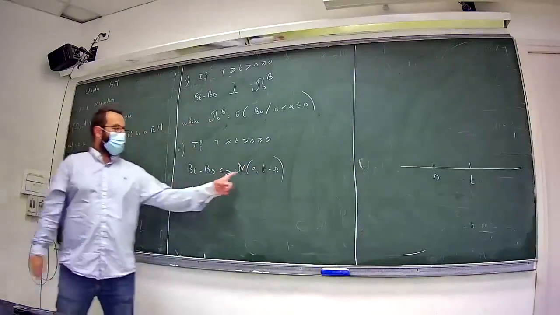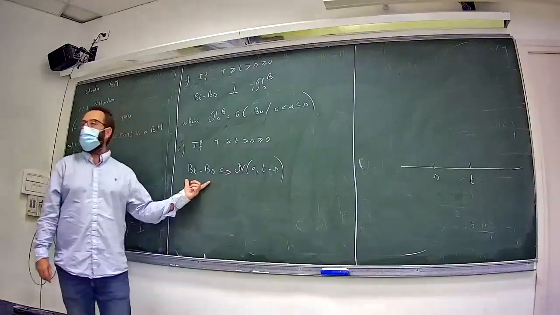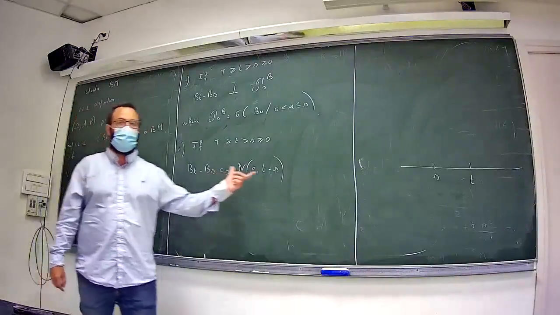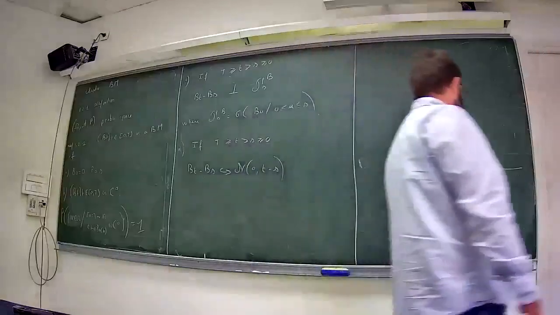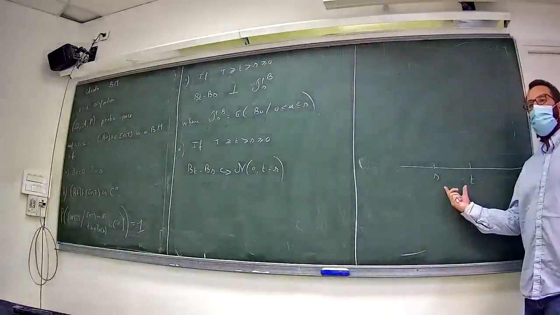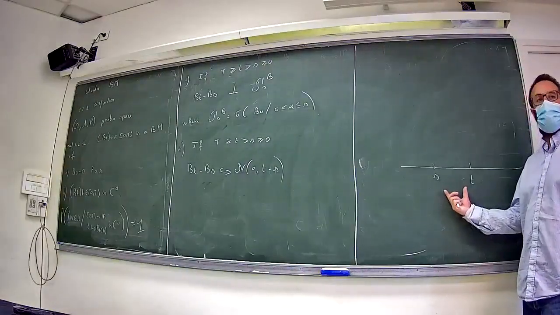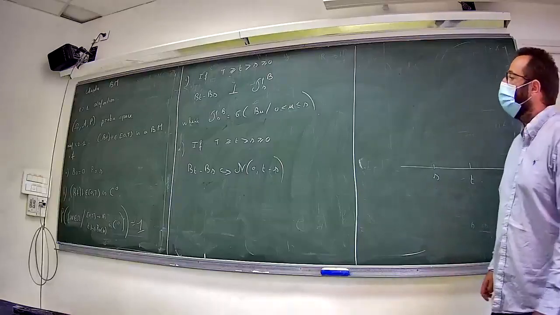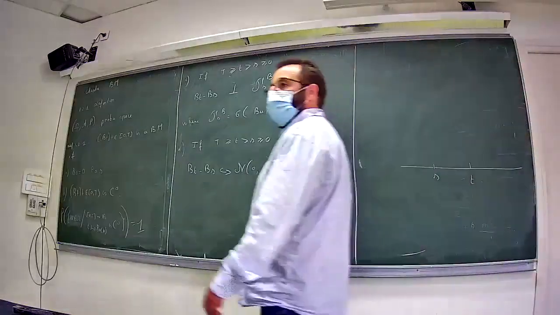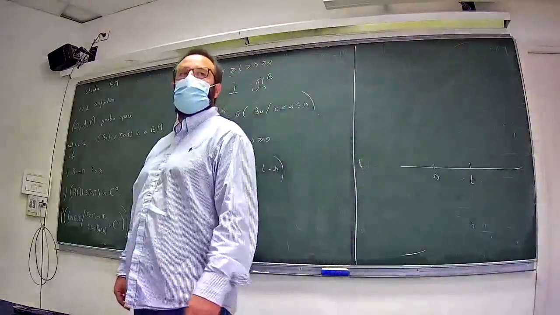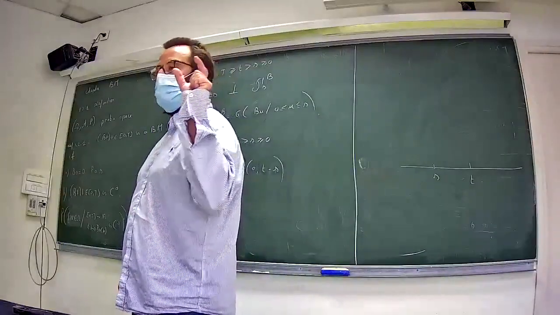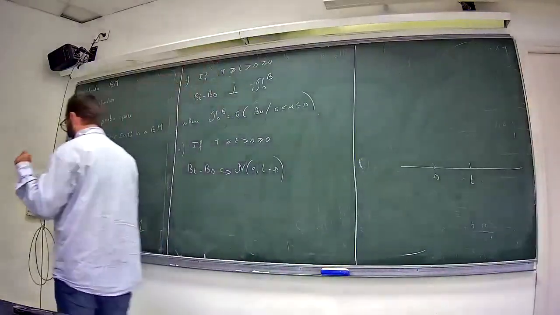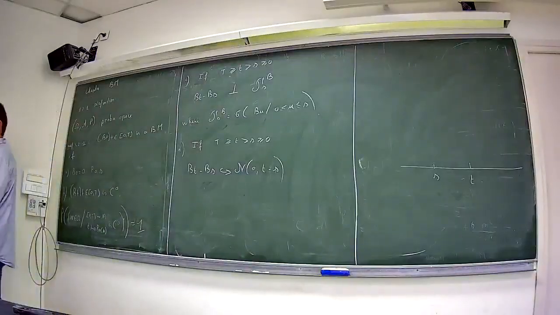So I have something that is centered, and when I consider an increment on an interval, the variance of the related Gaussian is none other than the length of the interval. So it means that the distribution of B2 minus B1 is the same as the distribution of B3 minus B2. The only thing that is important is that you know the length of the interval over which you take the increment.